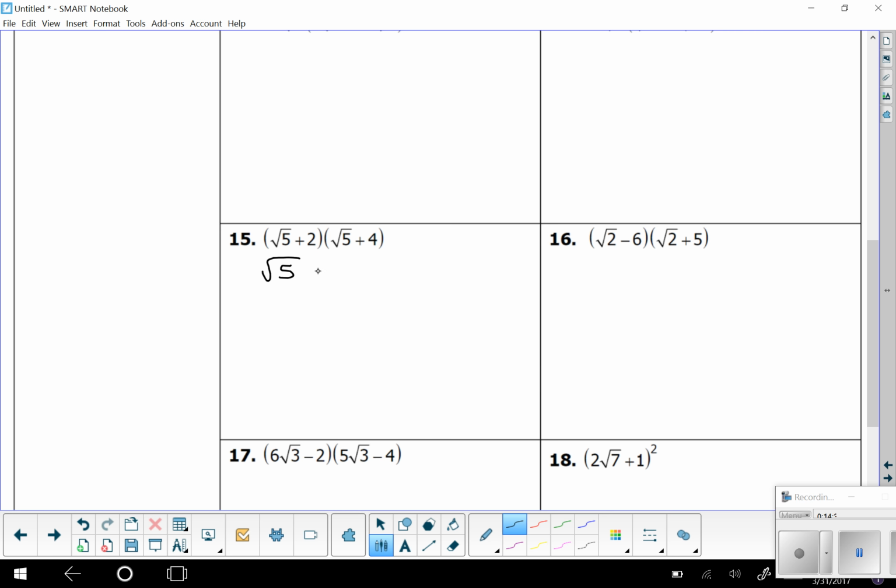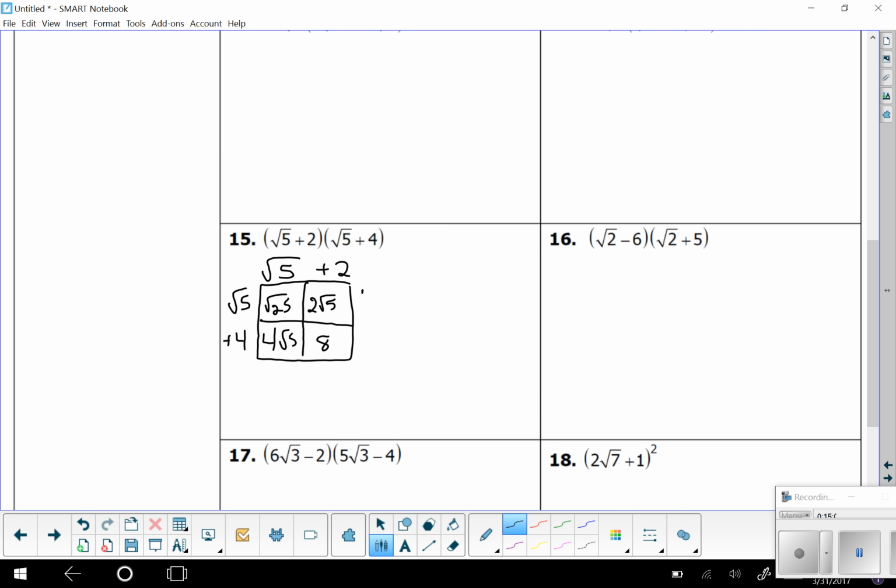Square root of 5 plus 2, square root of 5 plus 4. Square root of 5 times the square root of 5 is the square root of 25. Square root of 5 times 2 is 2 square root 5. Square root of 5 times the 4 is 4 square root of 5, and 4 times 2 is 8.